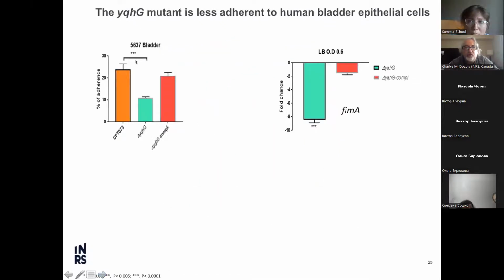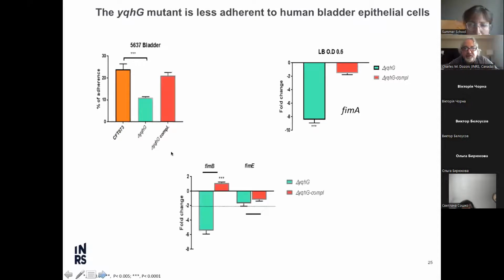And so also the adherence to epithelial cell lines was decreased, as you can see here. And the expression by RT-PCR was shown here to drop about 9-fold. Again, here it's in LB we're looking at. So everything here showing a decrease in the level of expression. We wanted to see if it was linked to changes in the recombinase.